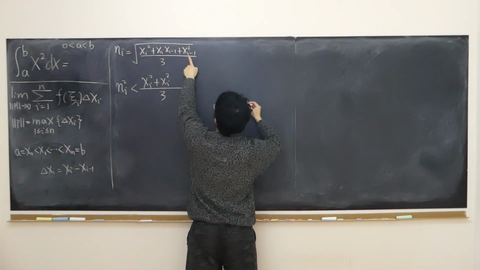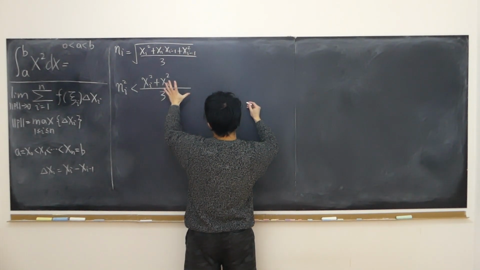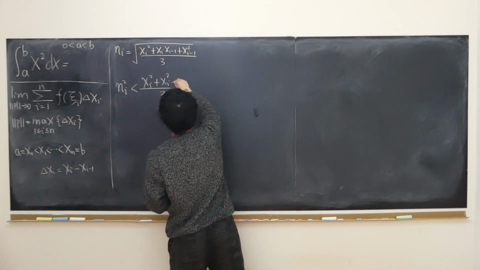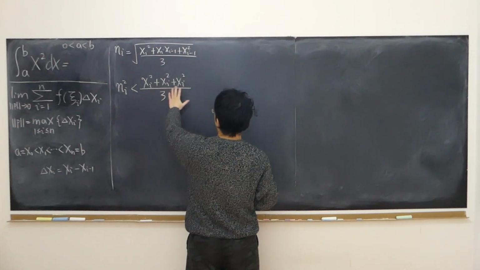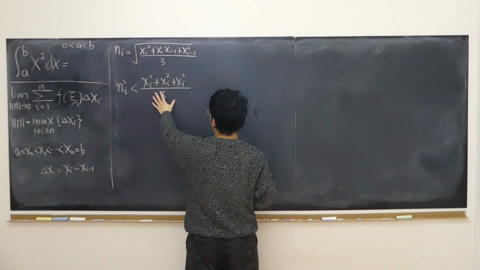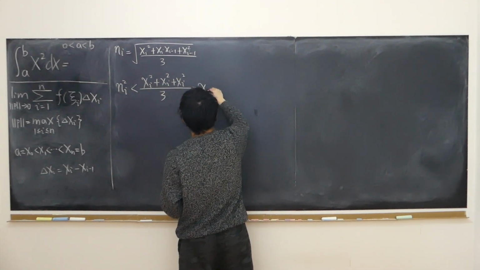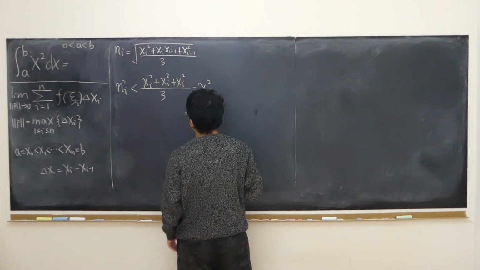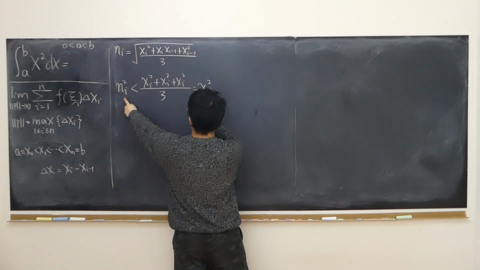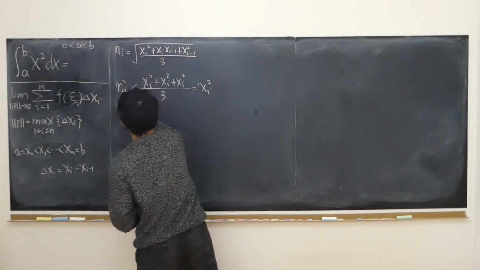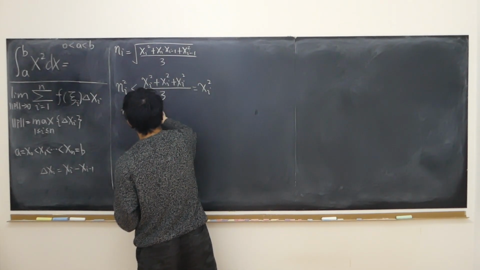And I replace this x_{i-1} with x_i, again enlarged, everything is positive, so plus x_i squared. I have 3 times x_i squared on top, and on the bottom I have 3. They simplify down to just x_i squared. Given that both eta_i and x_i are positive, I can conclude that eta_i is indeed less than x_i.